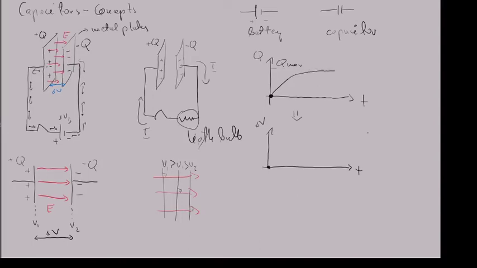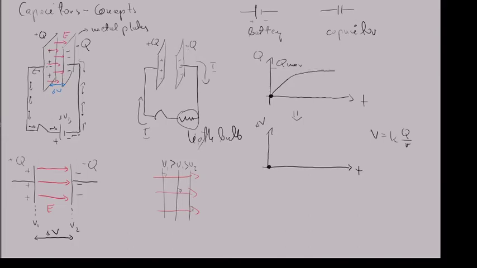The reason is this: potential is kQ over r. This was the equation for the electric potential, and it is from the electric potential that we get potential difference. If Q is 0 on both plates, then the potential difference between the two plates is 0 as well.